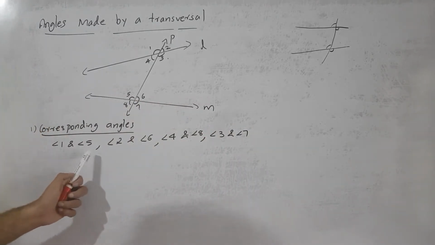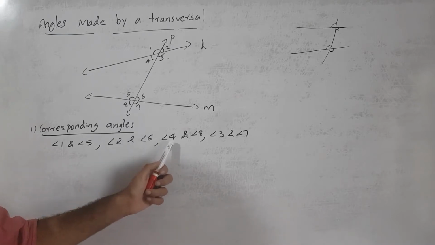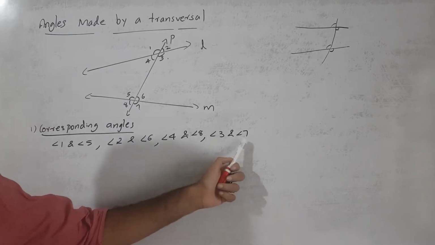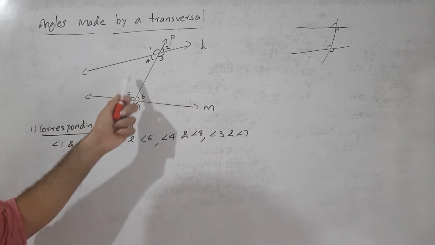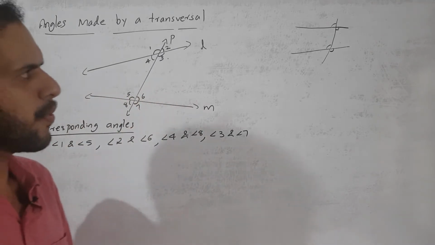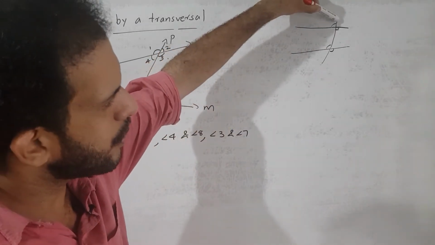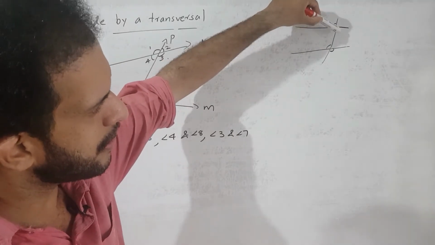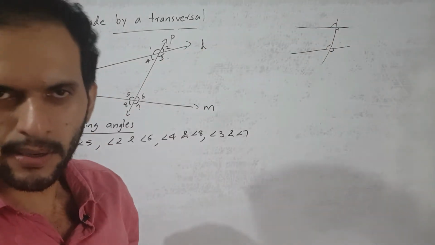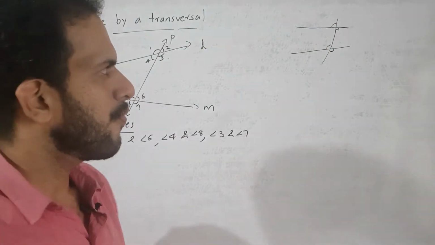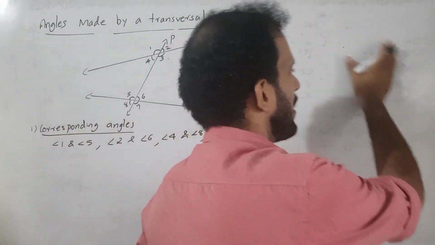Angle 1 and angle 5, angle 2 and angle 6, angle 4 and angle 8, angle 3 and angle 7. The position is like this, and these angles are called corresponding angles. This one and this one are corresponding angles; these are the positions of corresponding angles. Clear? So we go to the next idea.